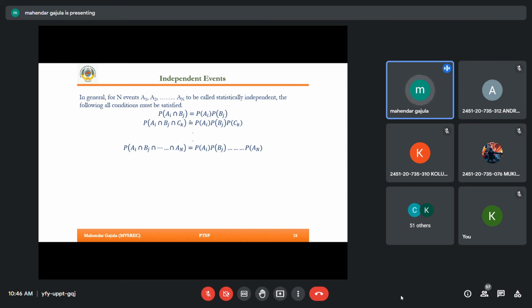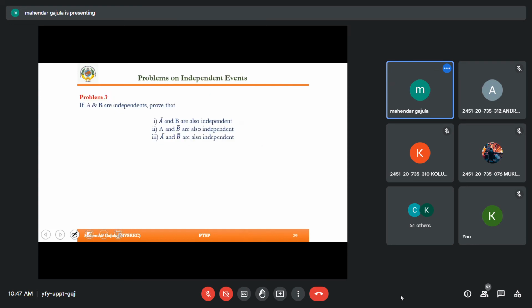For three events A, B, C, the probability of the intersection should equal probability of A, probability of B, and probability of C. If there are any events Ai, Bj up to An, then it should equal probability of Ai into probability of Bj up to probability of An. Then all these events are said to be statistically independent.